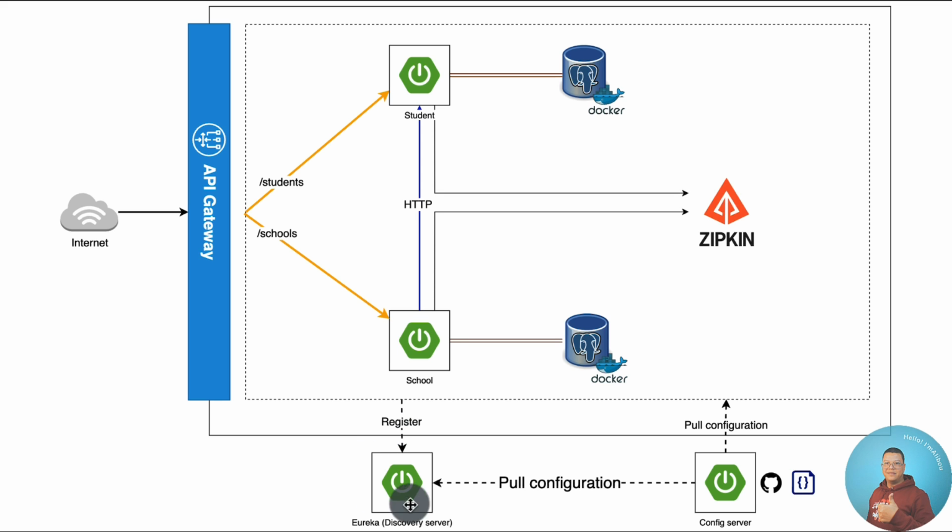But before that, let's configure our discovery server. And also the config server, we will create it, and we will be implementing this config server by the end of this course. So stick to the end, and you will see how we can configure and externalize all the configurations. But now let's go ahead and implement this Eureka or discovery server.